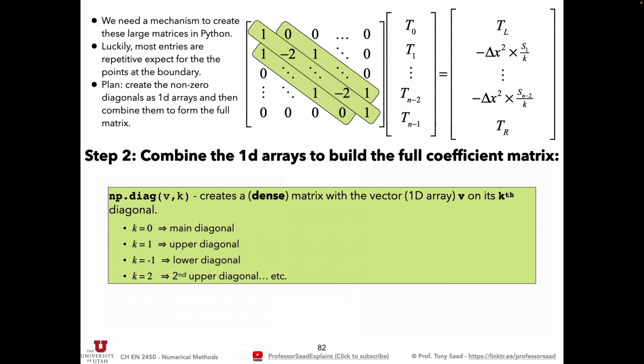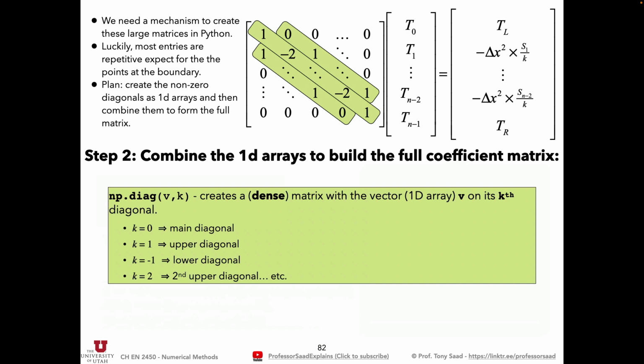So k equals 0, we put v on the main diagonal. If you go up, k equal 1 is the first upper, k equal 2 is the second upper, and so on. k equal -1 is the first lower, k equal -2 is the second lower, and so on. So that main diagonal splits the indexing right in the middle.